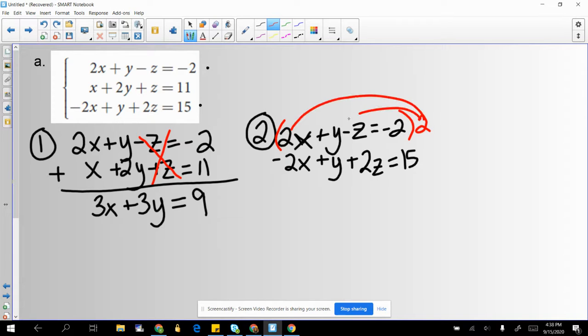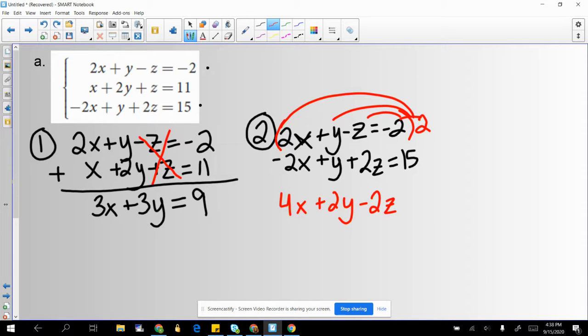We're distributing, and so we have 4x plus 2y minus 2z equals negative 4.